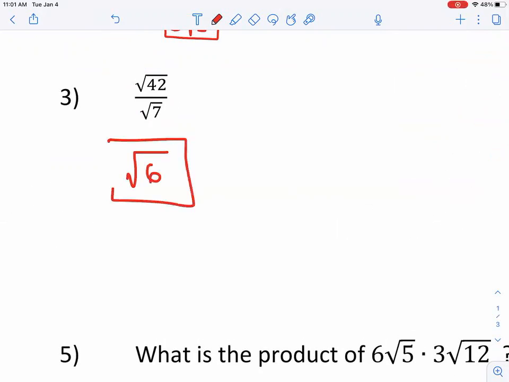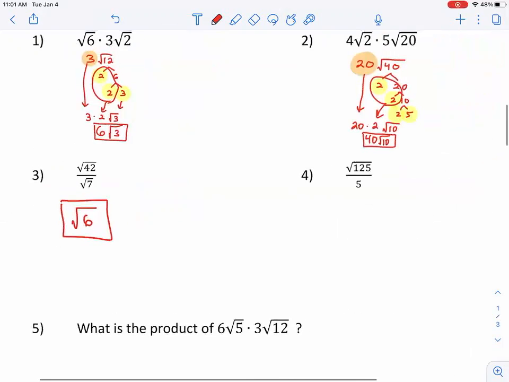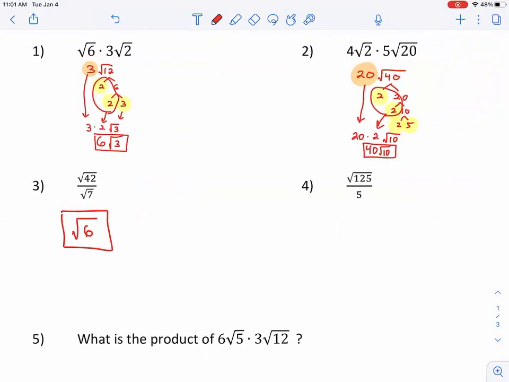The answer is the square root of 6, which can't be simplified. Okay, because they were both underneath the square roots, we could just divide both of those. And number 4, we can't do that because the 5 is not underneath the square root. So I can't just divide 125 by 5.